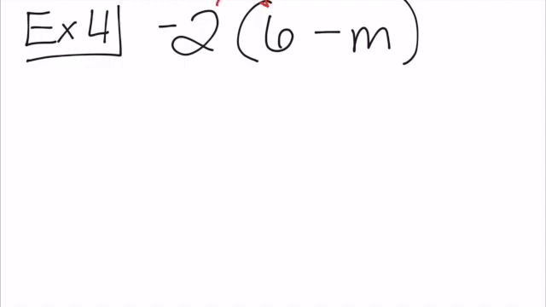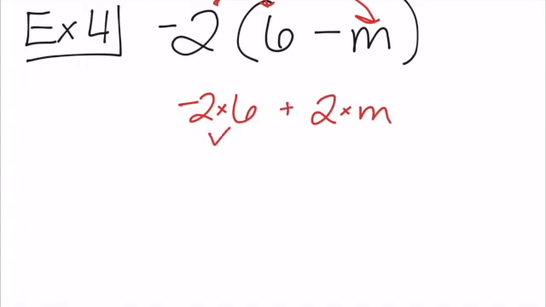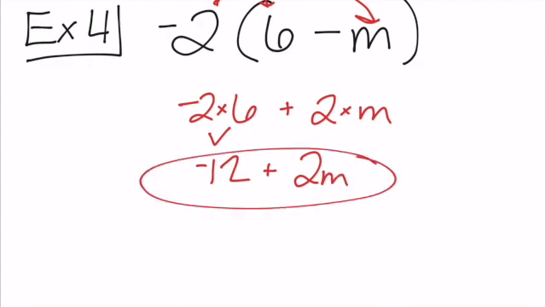So negative 2 times 6. And then negative 2 times negative m. Well, a negative times a negative is a positive, so it ends up being 2 times m. The negatives cancel out. So it actually becomes a plus. So negative 2 times 6 is negative 12 plus, the most we can do there is 2 times m. That gives you your answer.